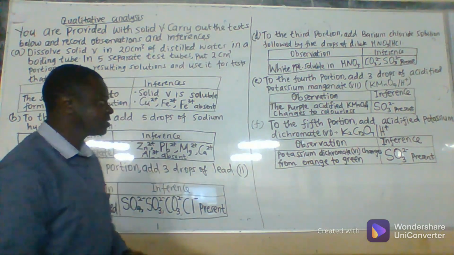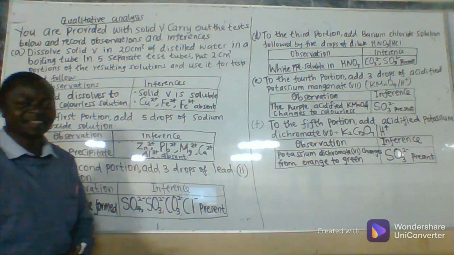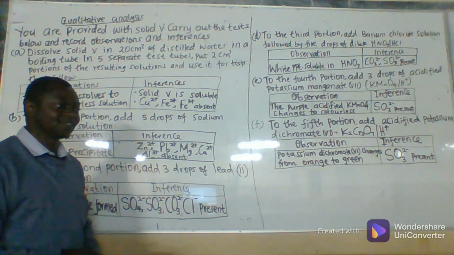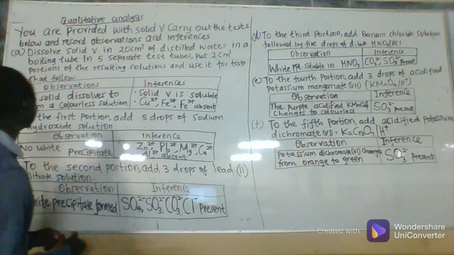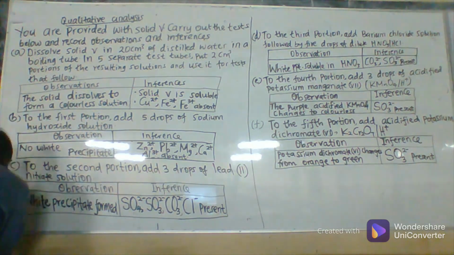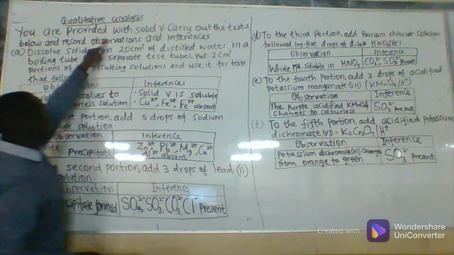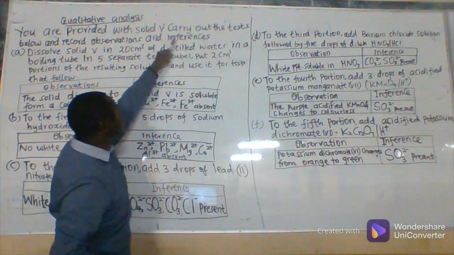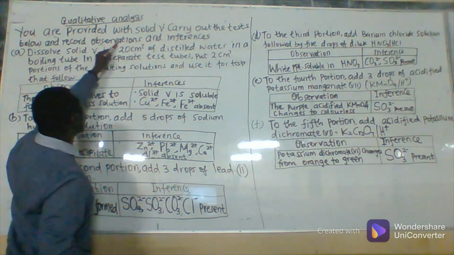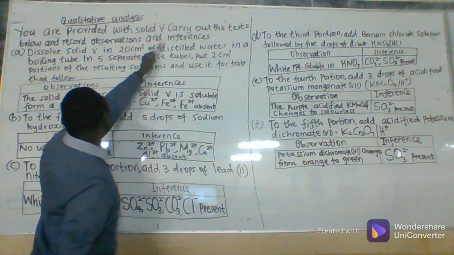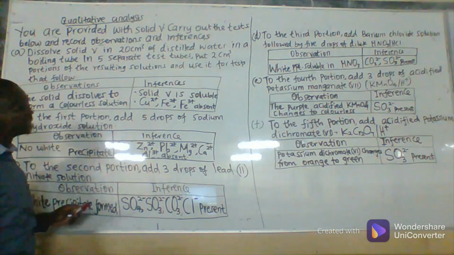So I will use just the question that was tested in KCSE that year to take you through a qualitative analysis. Now the question was that you are provided with solid V, so you carry out the tests below and record observations and inferences in the spaces that will be given.